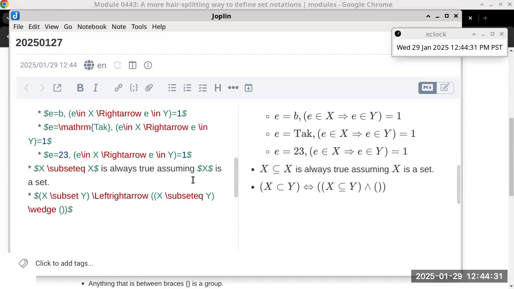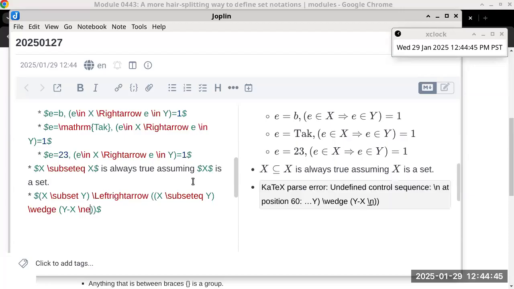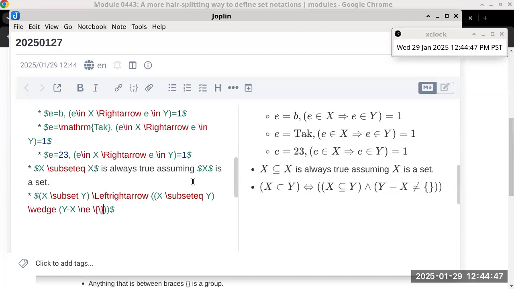The one thing that I said was Y minus X is not empty. So we will just say not equal to the empty set. That's one way to put it.